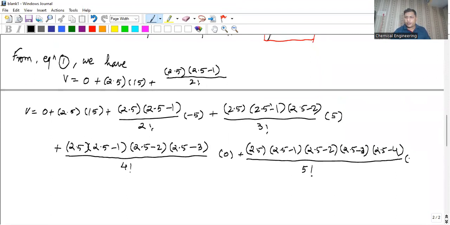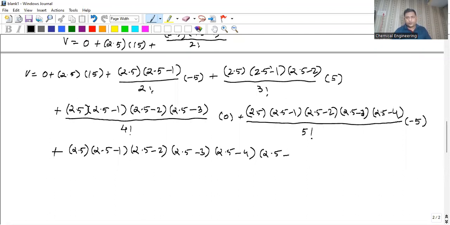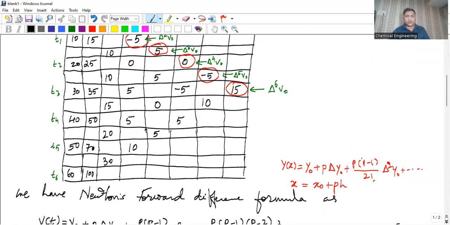Please be careful for the sign and all the terms. The next term you'll have is 2.5, 2.5 minus 1, 2.5 minus 2, 2.5 minus 3, 2.5 minus 4, 2.5 minus 5, by 6 factorial, and the next difference we have is 15.